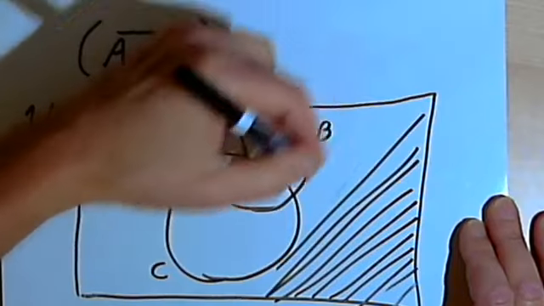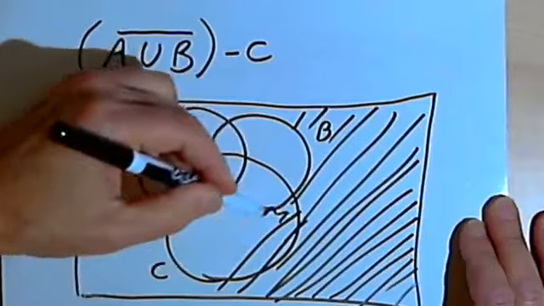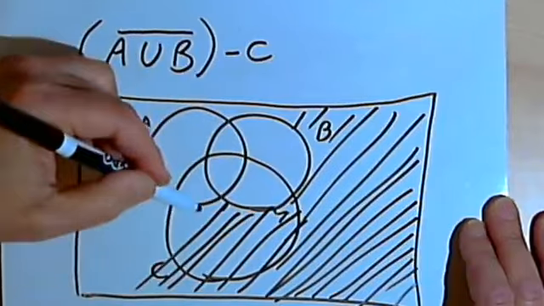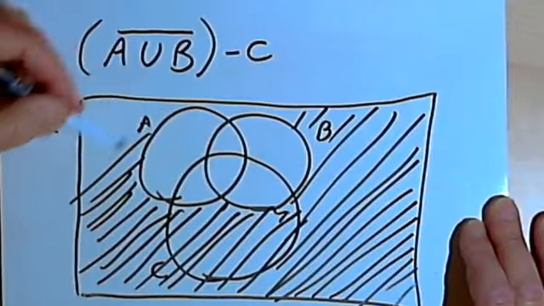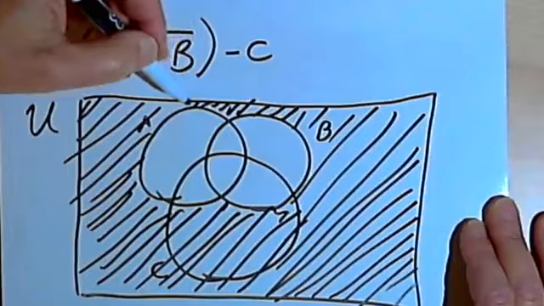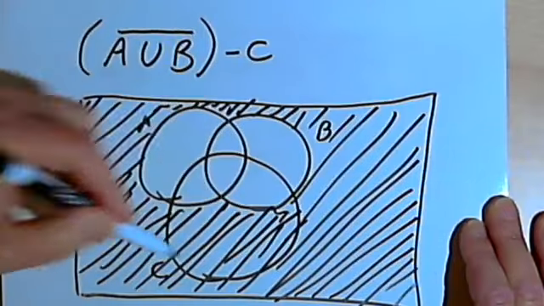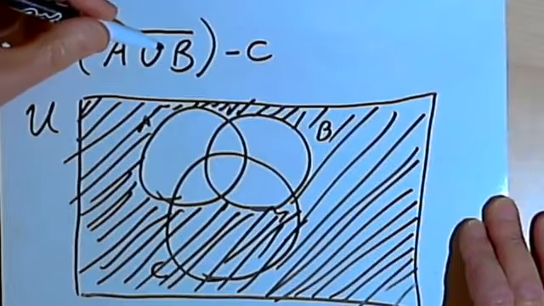I'm shading in that whole area. I'm also shading in anything in C, which is not in A or B. Okay, so what I've got so far is the complement of A union B.